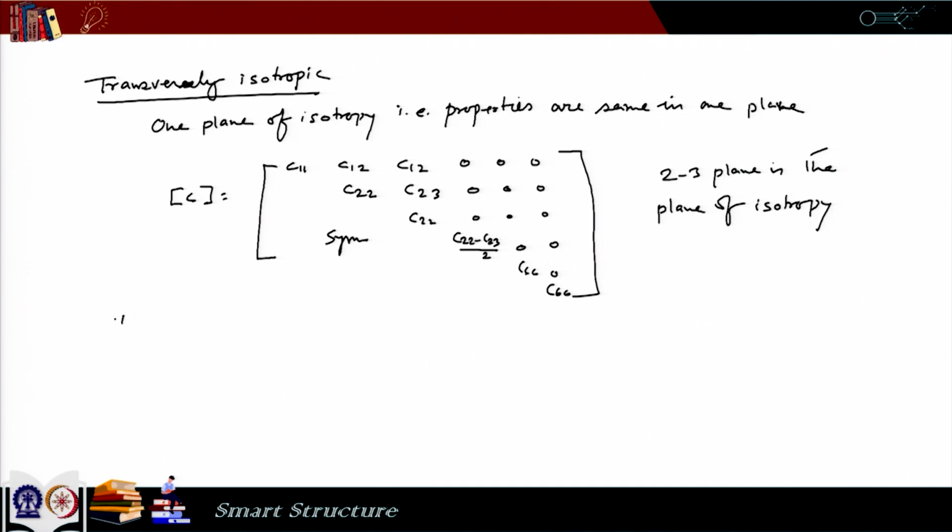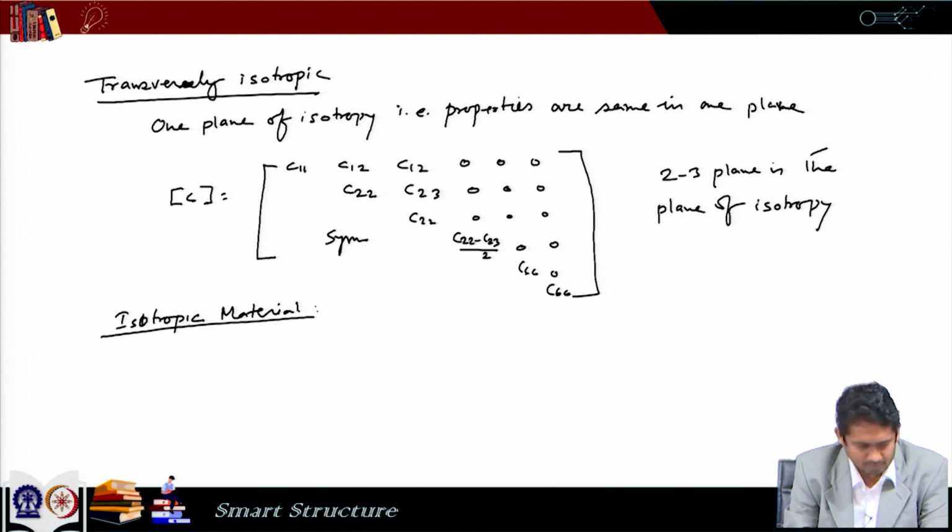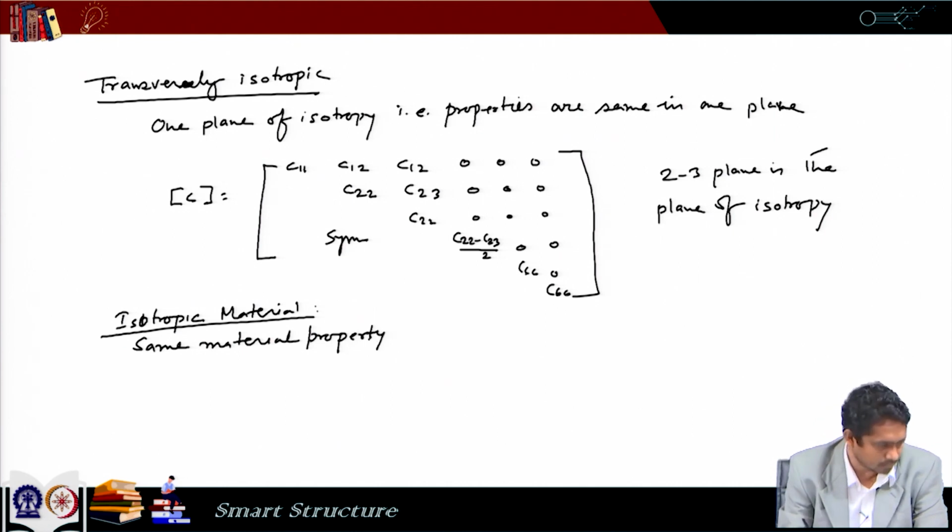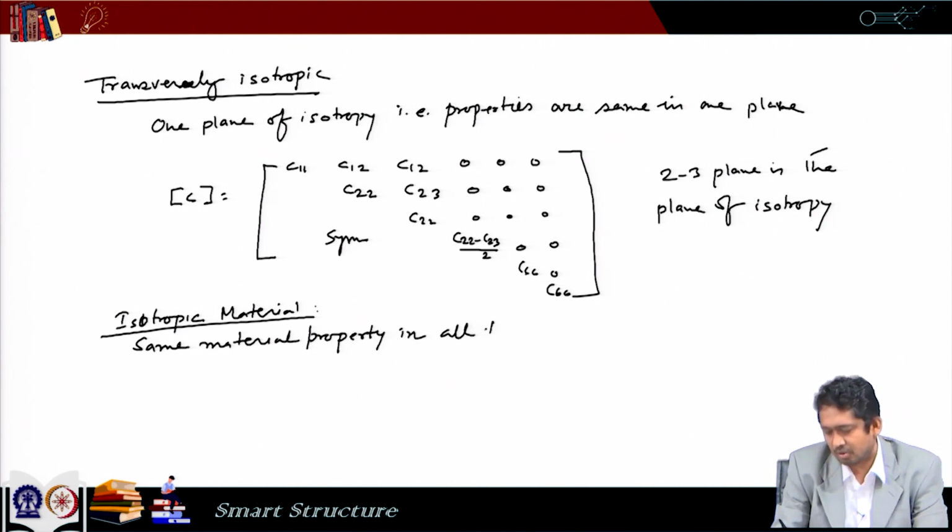And isotropic materials have the same material property in all three directions.